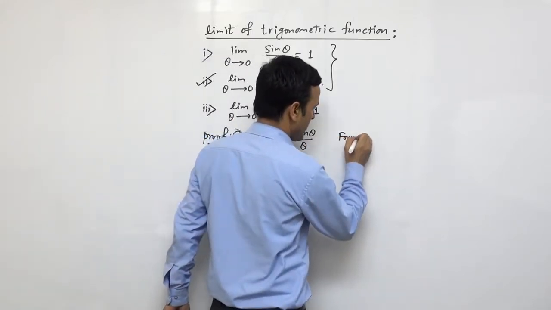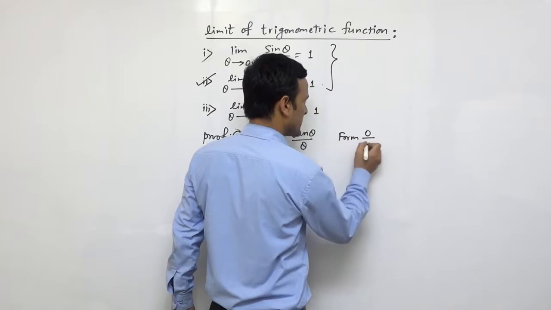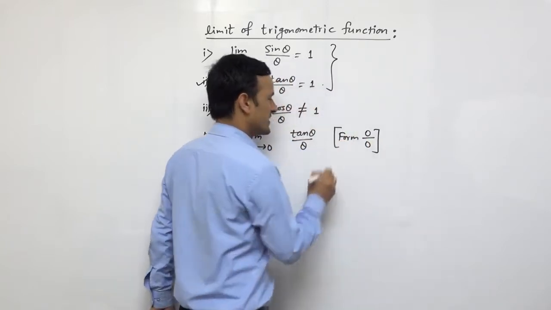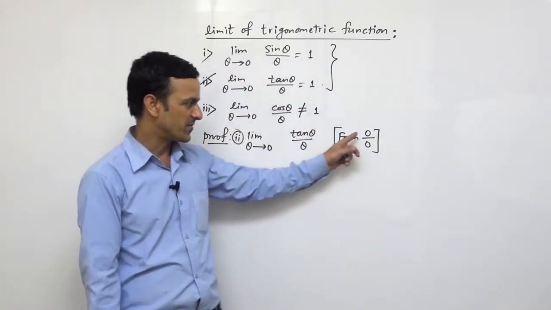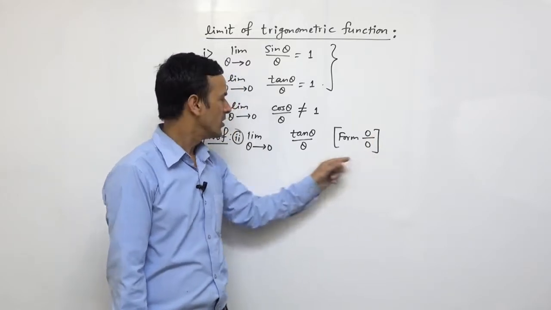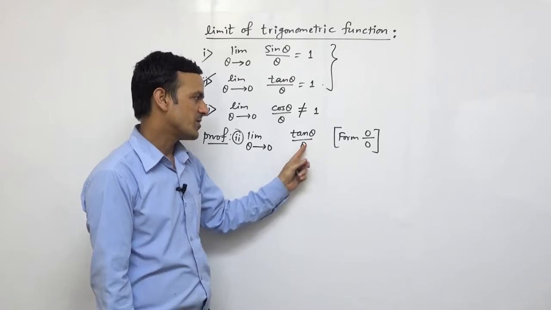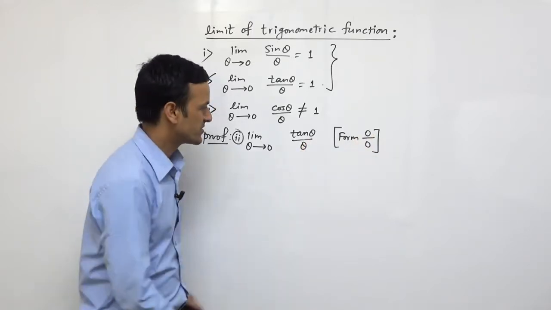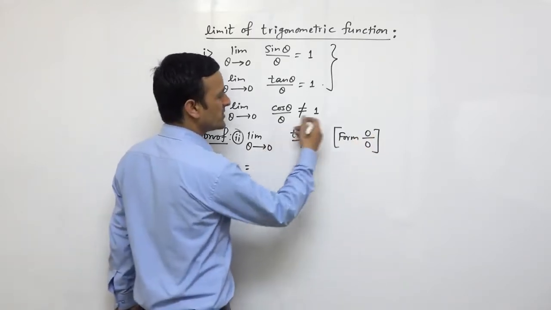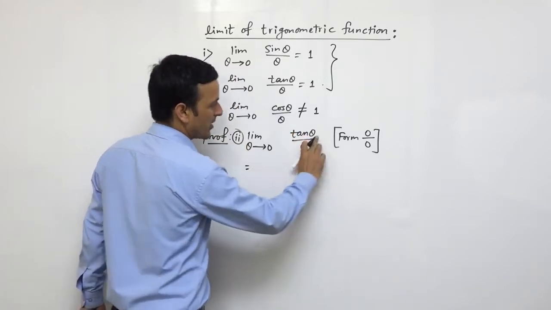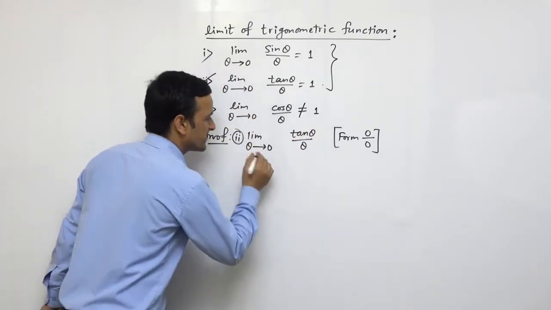It is the form 0 and theta को ठाउँमा नि 0. So this function takes the indeterminate form 0 by 0 while substituting theta is 0. Theta को ठाउँमा 0 राख्दा it will be 0 upon 0 हुन्छ. So we can't put directly 0 over this in the place of theta.